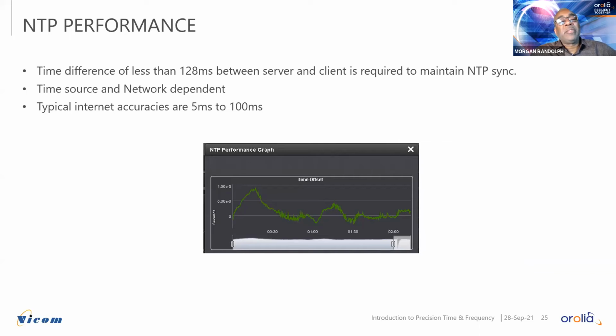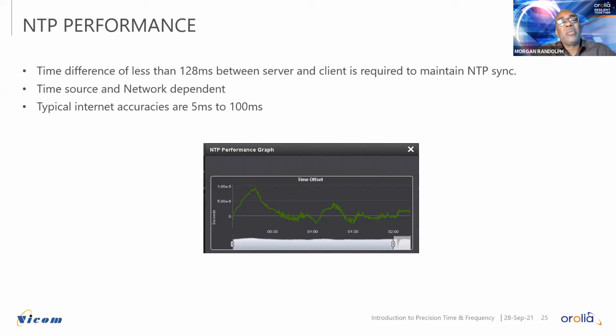Time differences of less than 128 milliseconds between servers and clients are required to maintain the NTP sync. So like I said earlier, you would have to go through the step process to get down below that 128 milliseconds, then you can start to slew in.